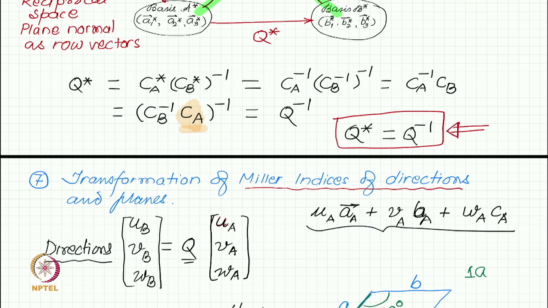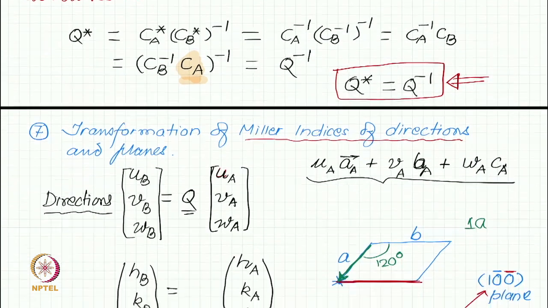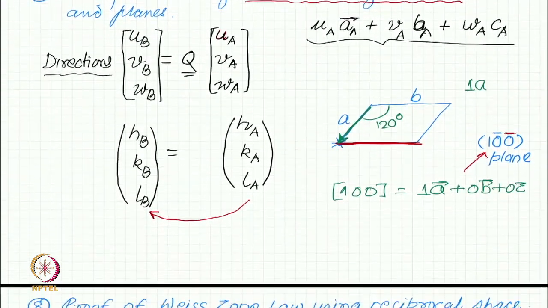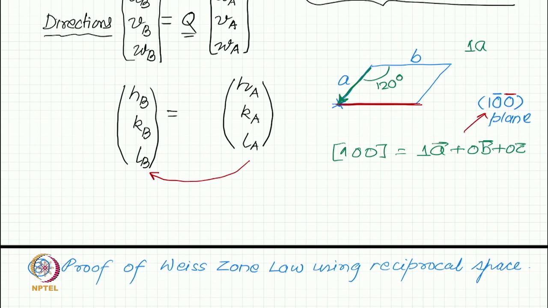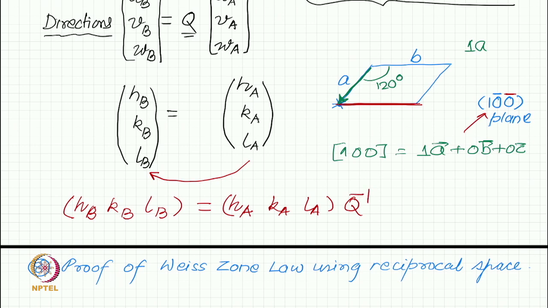By q star or q inverse, only keeping in mind that we should write them as row vector. So, I should not write, I was deliberately writing it as column vector to challenge you. I should write it as row vector, and then I can happily transform them by q inverse.